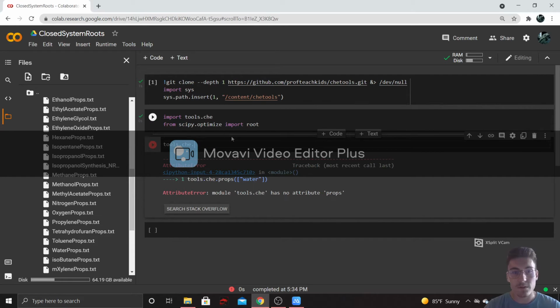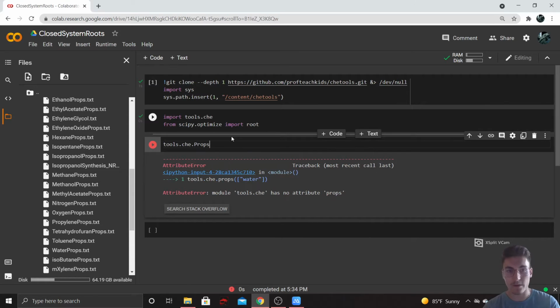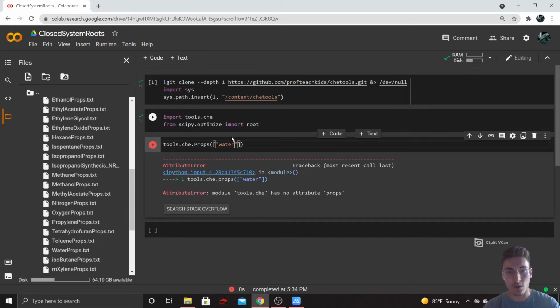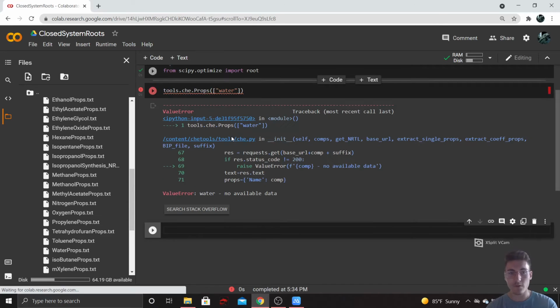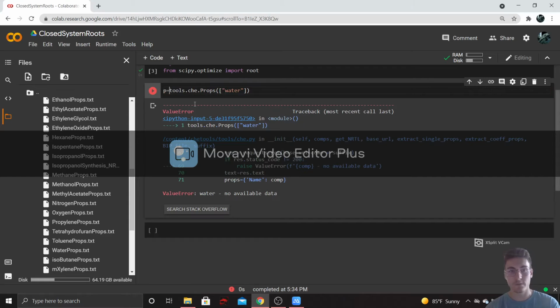The library is not called che dot, okay, it was a capital P. And then I want to pass in water. So now if we do that, it is not coming up again. Tools of CHE. I need to.